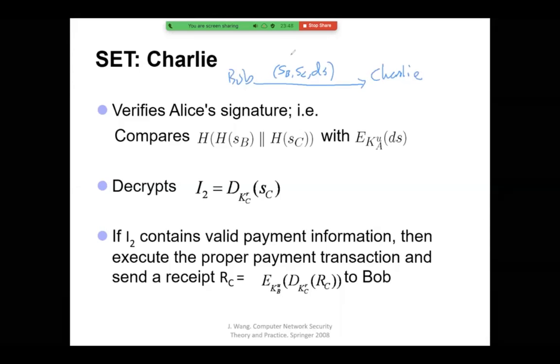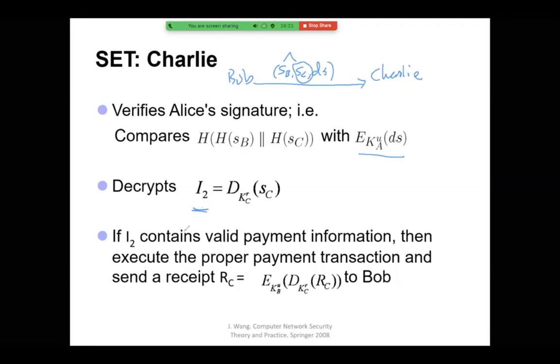So now the purchase order and payment information are linked. Basically, what Charlie does is exactly the same: he verifies this indeed comes from Alice, like Bob does. And then Charlie will decrypt the second part to get I2, the credit card information.